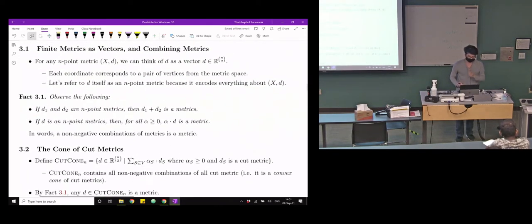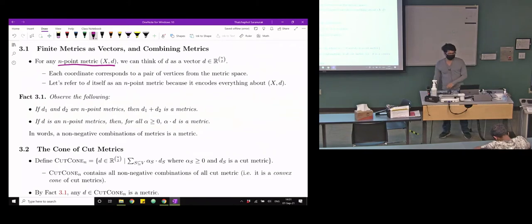Before proving that formally, we need some formality. First of all, given any endpoint metric XD, you can think of D, instead of a mapping, as a vector in n choose 2 dimensions.